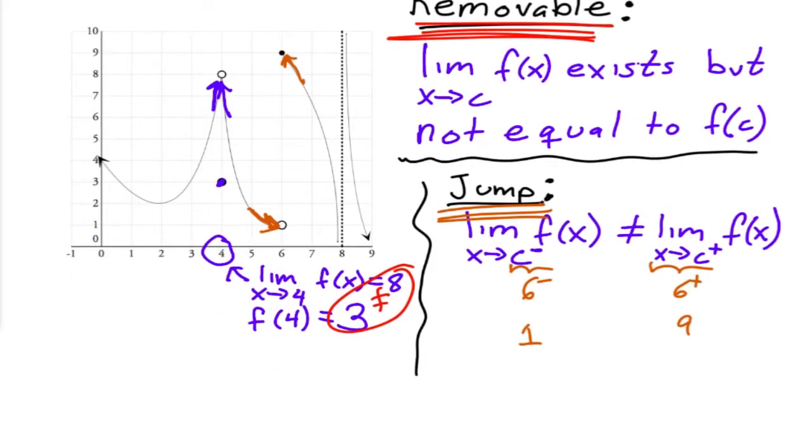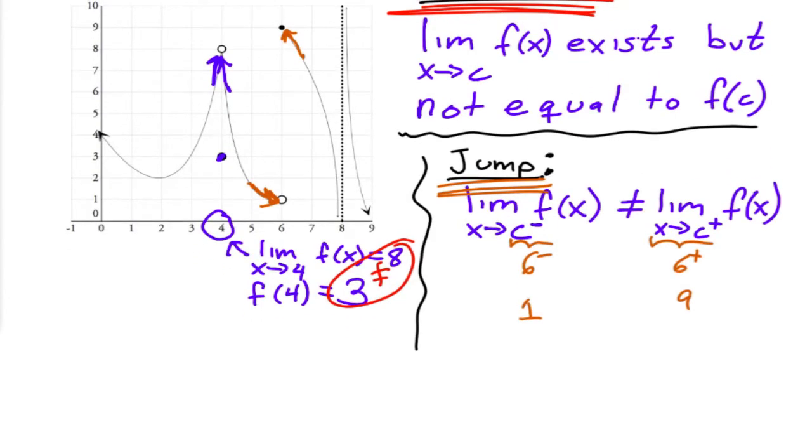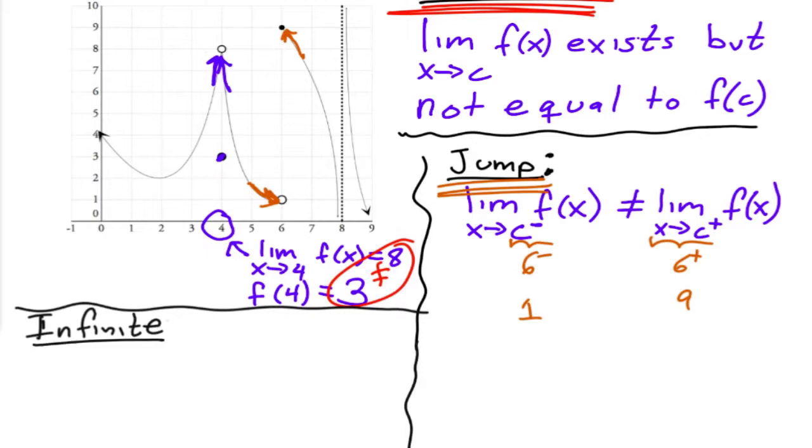And then the last type of discontinuity is an infinite discontinuity. The infinite discontinuity is if the limit as x approaches c is equal to infinity or negative infinity.